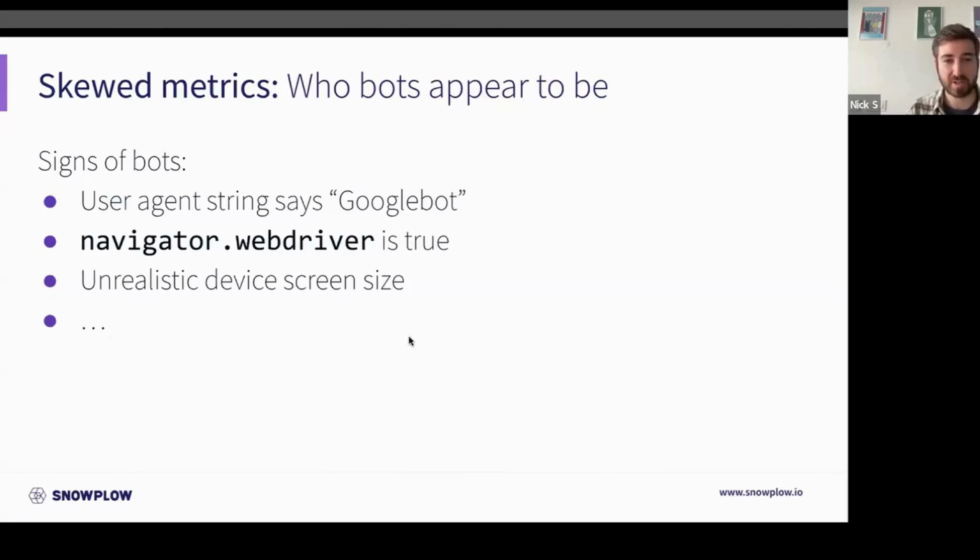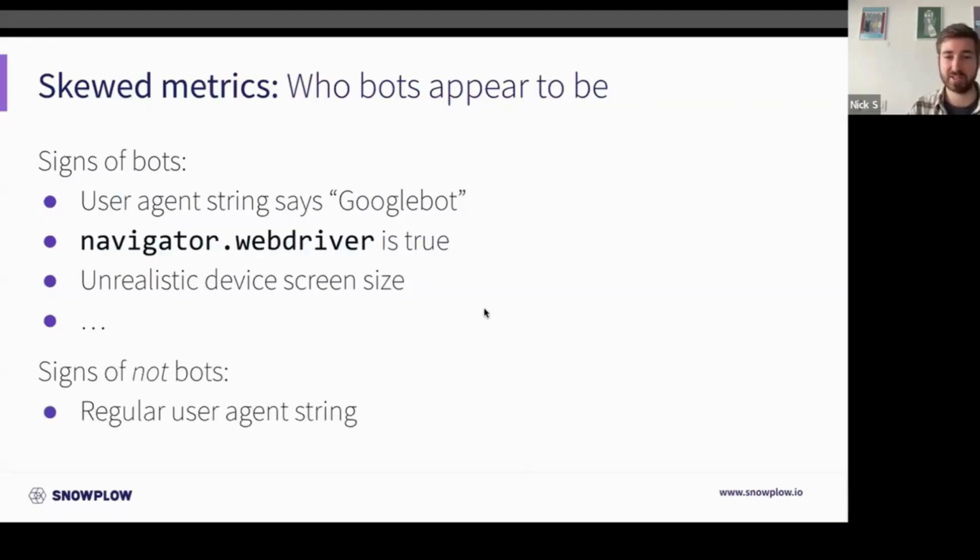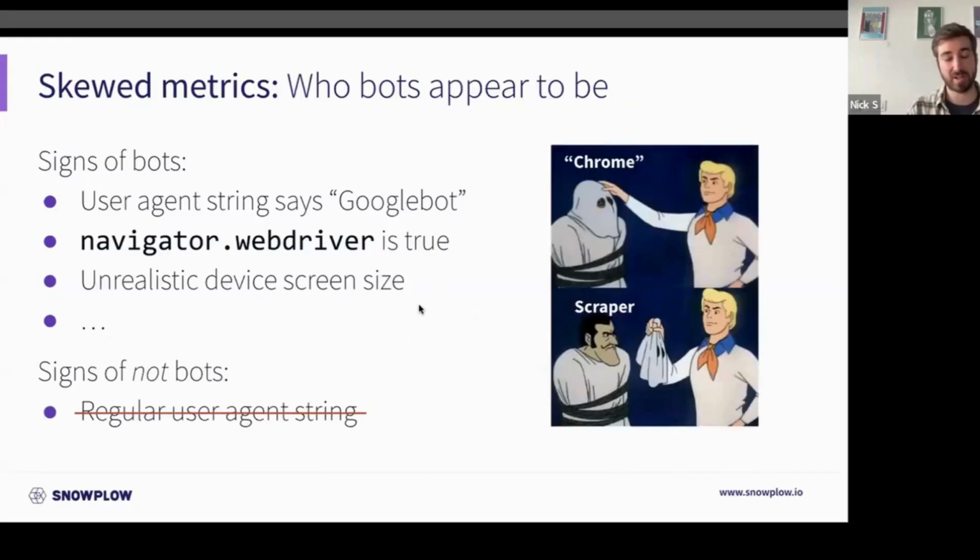The problem is this doesn't really work in reverse. So if a browser says it's Chrome, it doesn't necessarily mean it's Chrome. So really, this only helps you identify bots or agents that are either forthcoming with who they are, or they are just sloppy and they didn't cover up the signs.